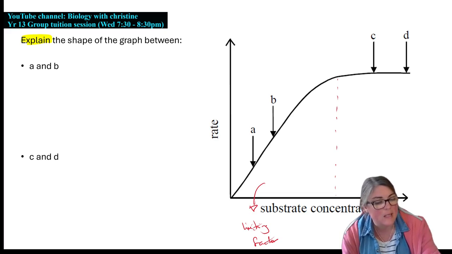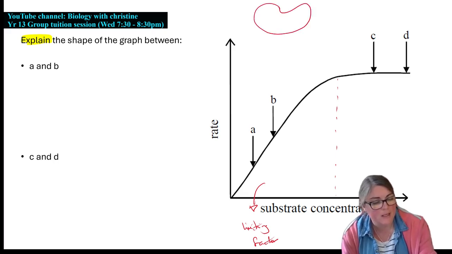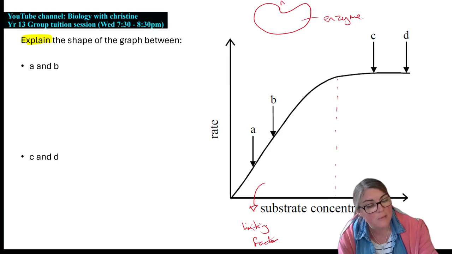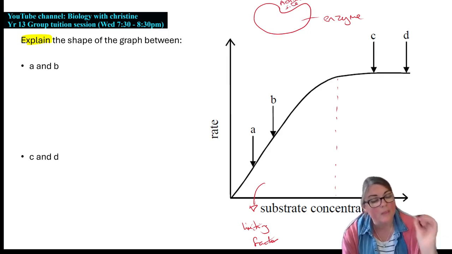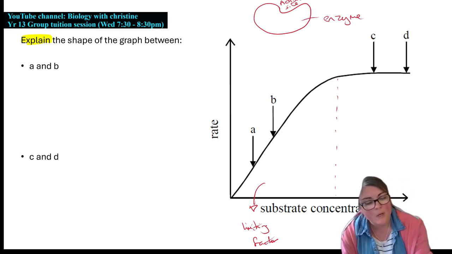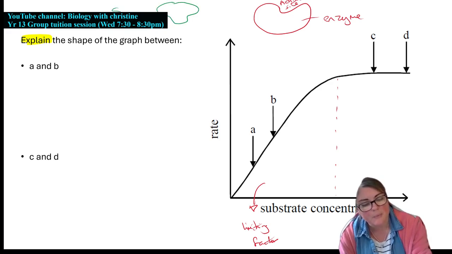So what do we know about enzymes? We know that enzymes are proteins. Here's my enzyme. We know that that enzyme has a very specific shape and it's got its active site. We know that's because of the tertiary structure. We also know that it's got a substrate that it will work on.